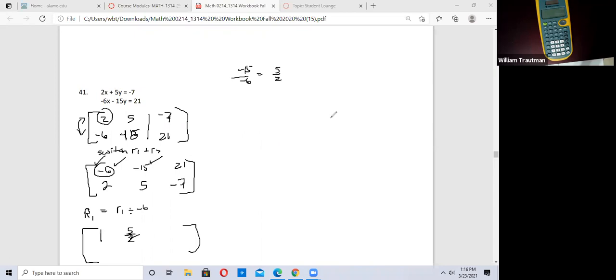And then 21 divided by -6: positive divided by negative is a negative. They both divide by 3, so -7/2.